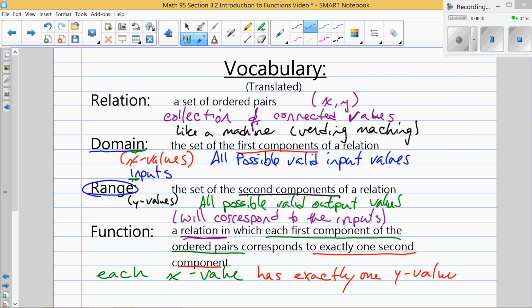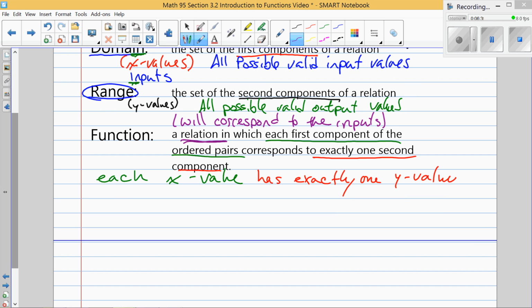I can summarize this just a little bit more. What I like to say is each input, because not all of our inputs will be x's. That's what we like to use, but I might use q's or t's or cotton candy or something else.